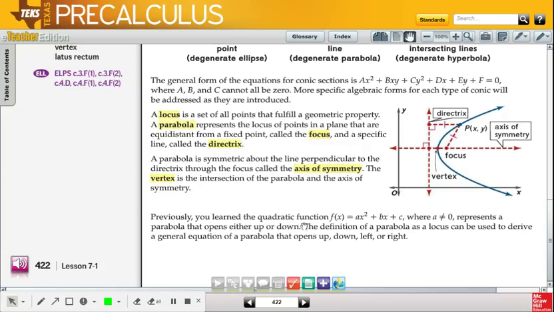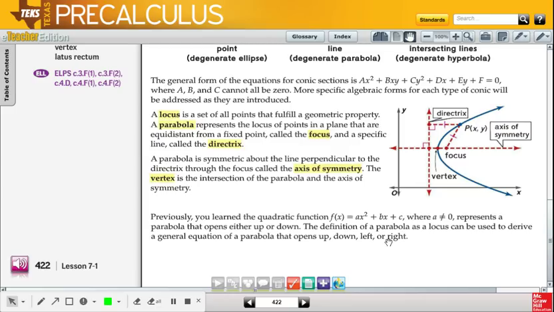Previously, you learned the quadratic function f of x equals ax squared plus bx plus c, where a does not equal 0, represents a parabola that opens either up or down. The definition of a parabola as a locus can be used to derive a general equation of a parabola that opens up, down, left, and right.